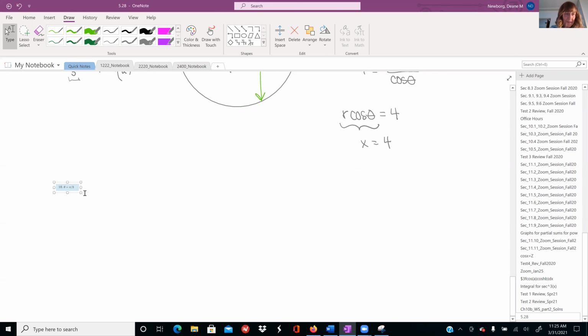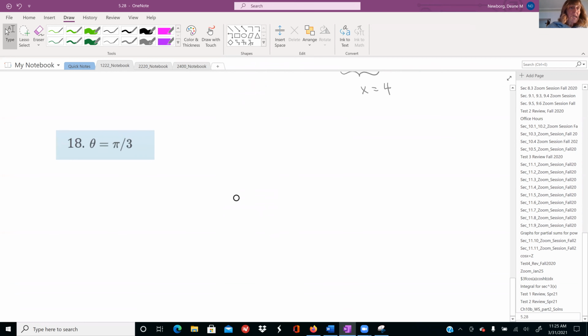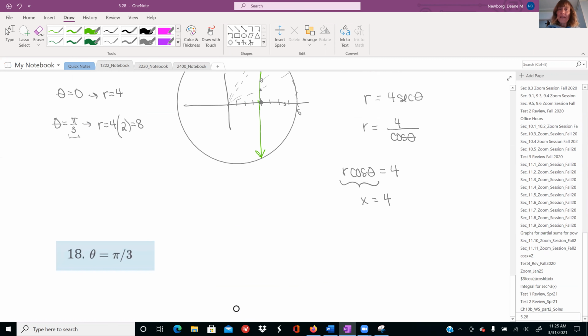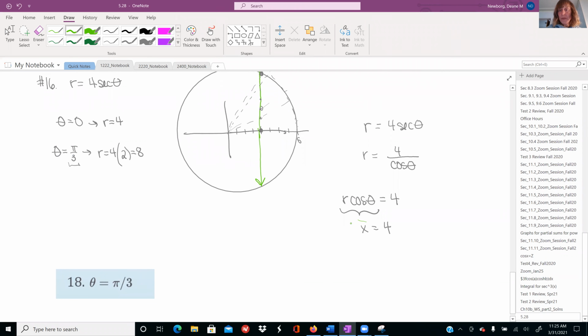Theta equals pi over 3. I was actually just talking about the graph of this with my calculus 3 class earlier this morning, but we were in 3 dimensions instead of 2 dimensions. Let me look back at this graph for a minute.